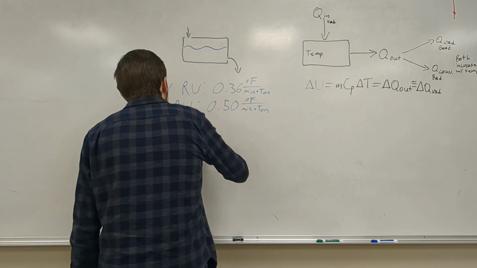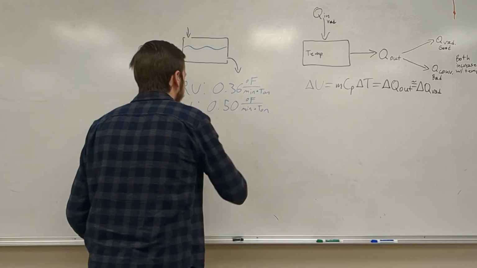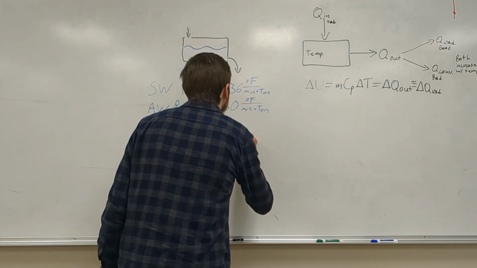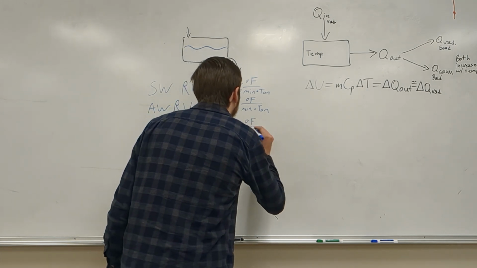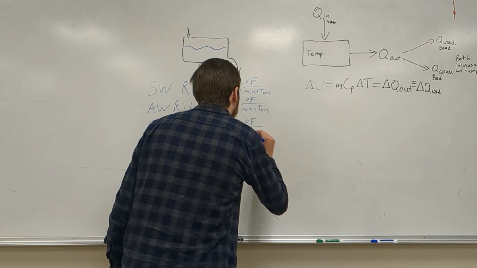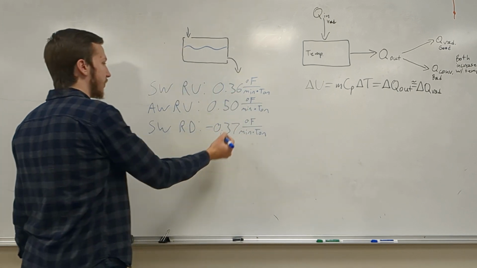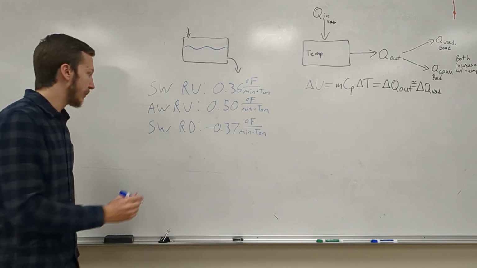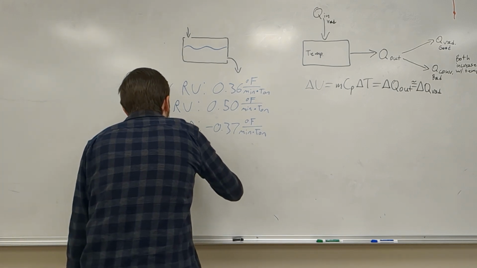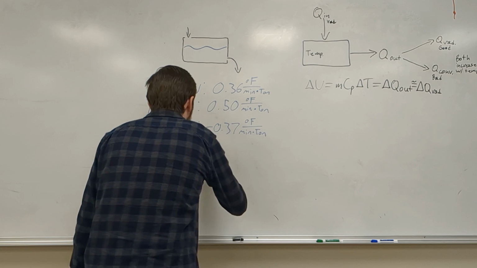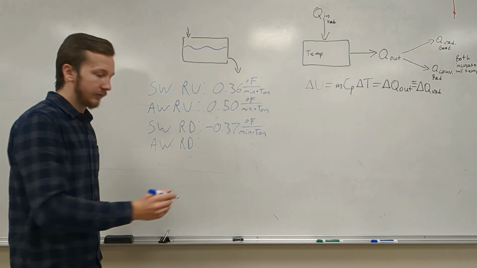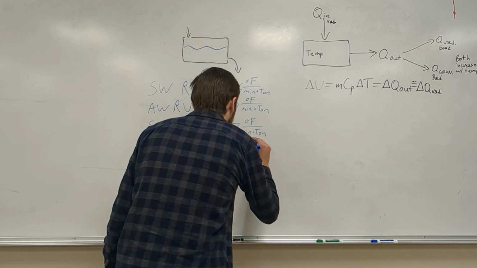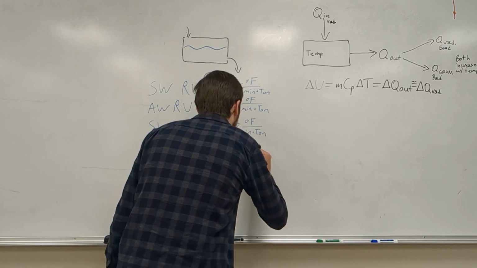If we look at the solid wall ramp down, the slope is equal to negative 0.37 degrees Fahrenheit per minute per ton. So almost the same, just going the other direction as compared to the ramp up slope. Then if we look at the angled wall ramp down slope, we get a value of negative 0.50 degrees Fahrenheit per minute per ton.